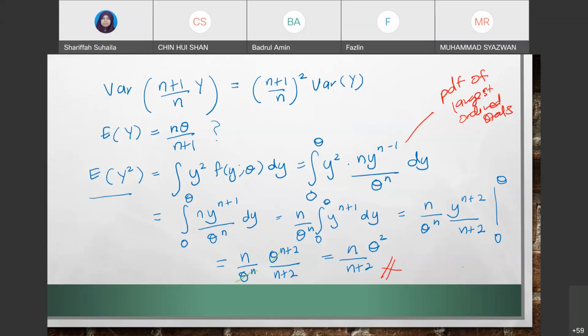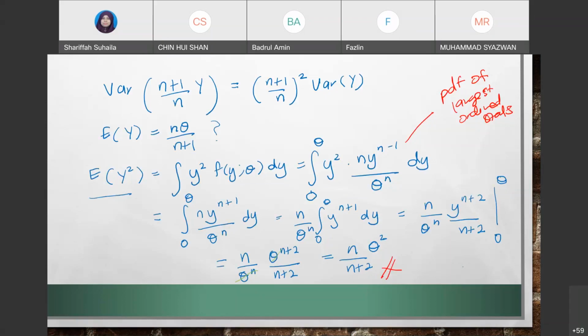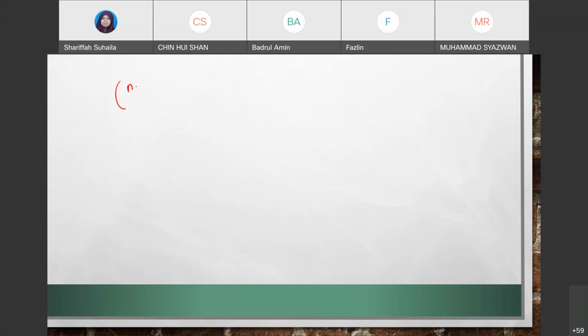Okay. So next, baru kita masukkan dalam formula variance ya. So saya masukkan kat sini. Variance of Y adalah E(Y square) minus E(Y) and then square.